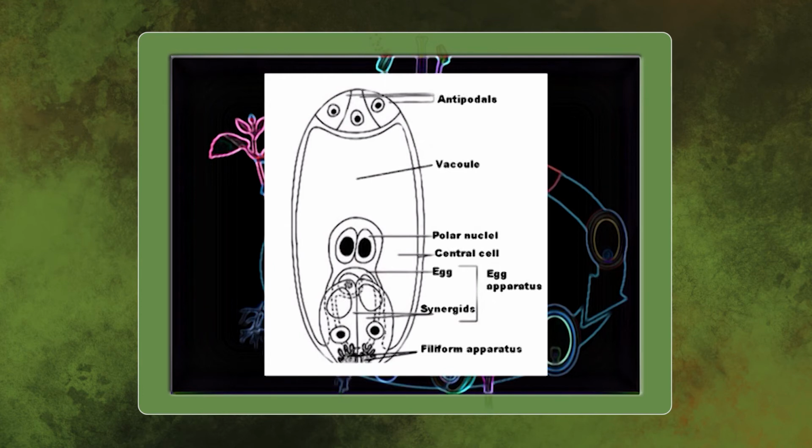Synergids are ephemeral structures. In embryosacs with 2 synergids, one degenerates before the entry of pollen tube into the embryosac, whereas the other one degenerates shortly after the embryosac has received the pollen tube discharge.